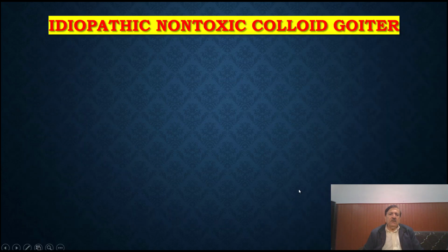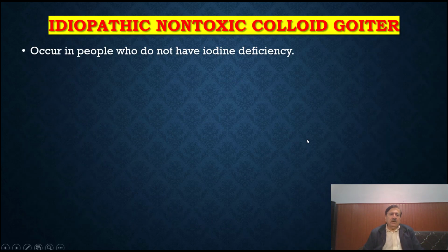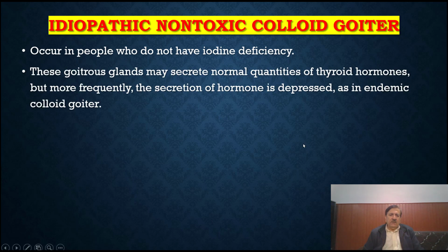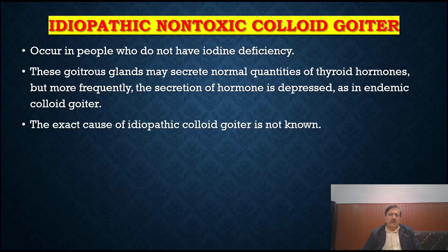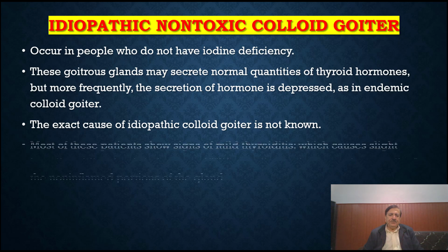Idiopathic non-toxic colloid goiter occurs in people who do not have iodine deficiency. These goiter glands may secrete a normal quantity of thyroid hormone, but more frequently the secretion of hormone is depressed as in endemic colloid goiter. The exact cause of idiopathic colloid goiter is not known.